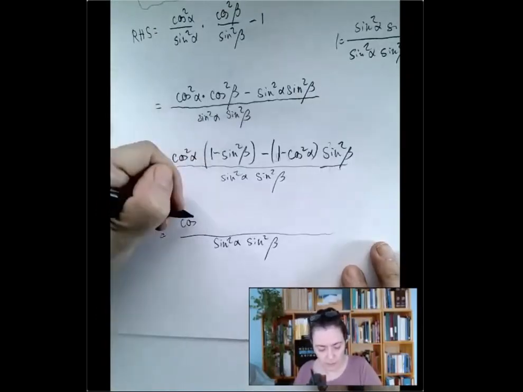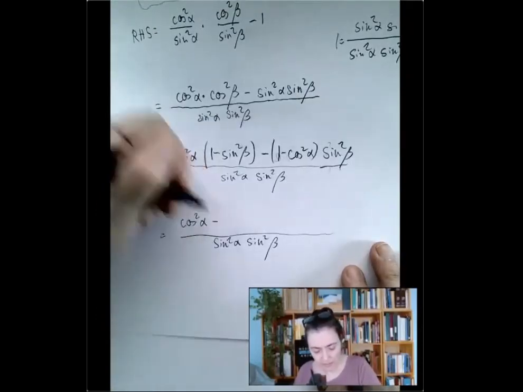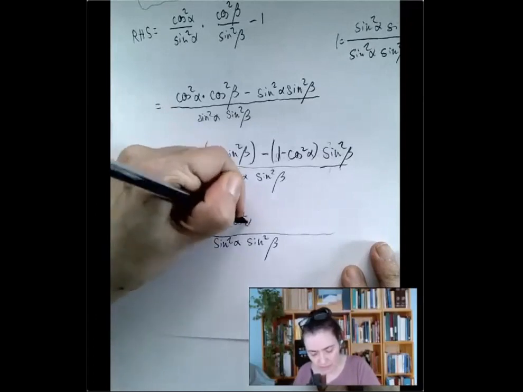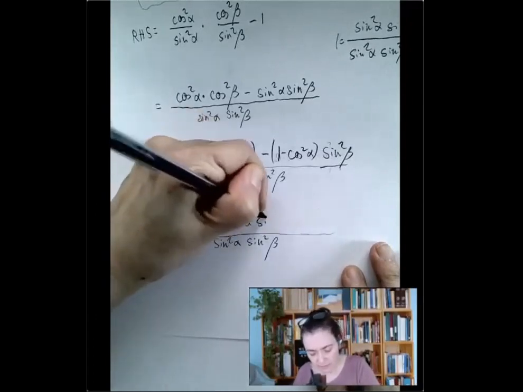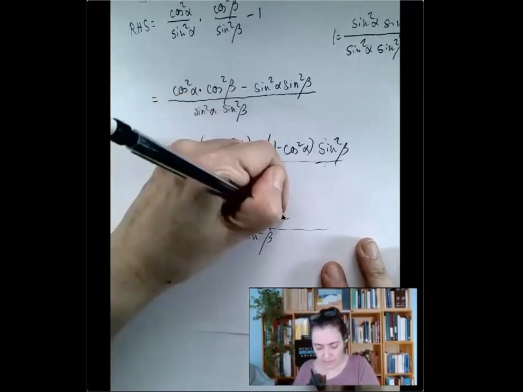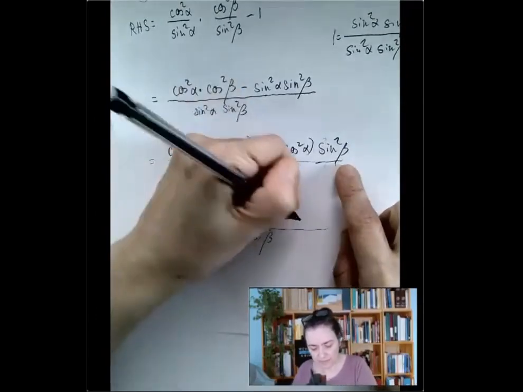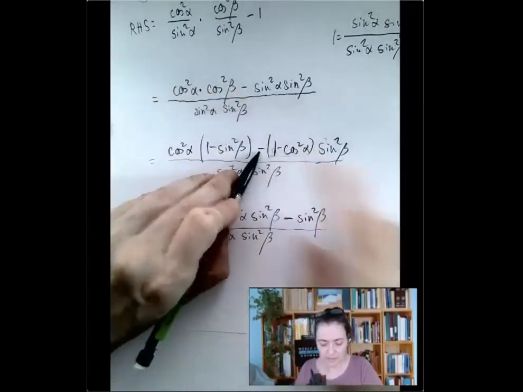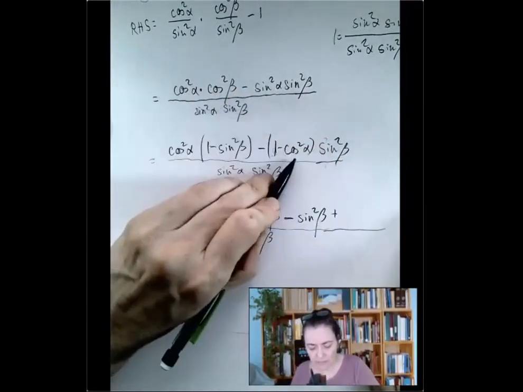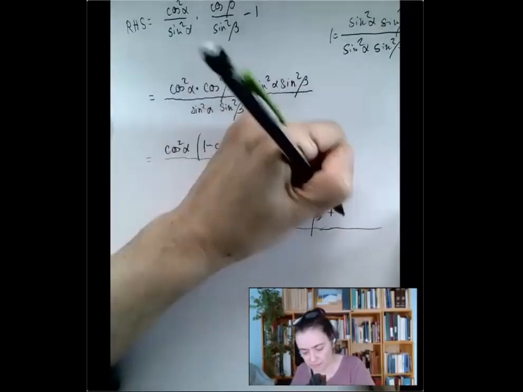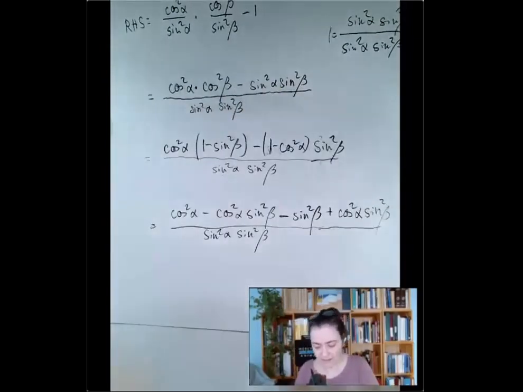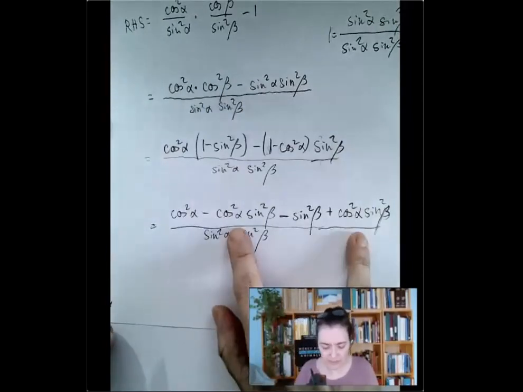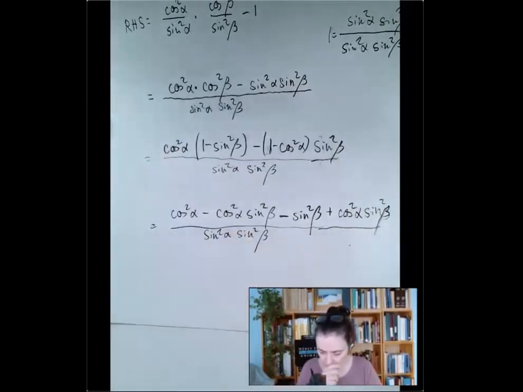So we just distribute. We have cosine squared alpha minus cosine squared alpha sine squared beta, minus 1 times sine squared beta is minus sine squared beta. And then minus times minus is plus cosine squared alpha sine squared beta. And actually, we're kind of getting lucky, because you see these two cancel each other out.